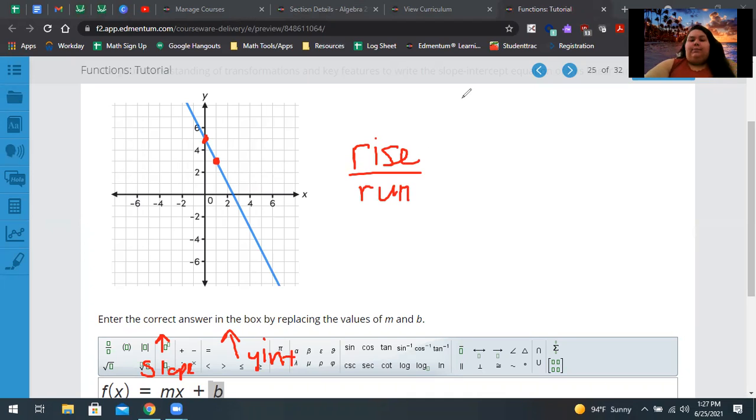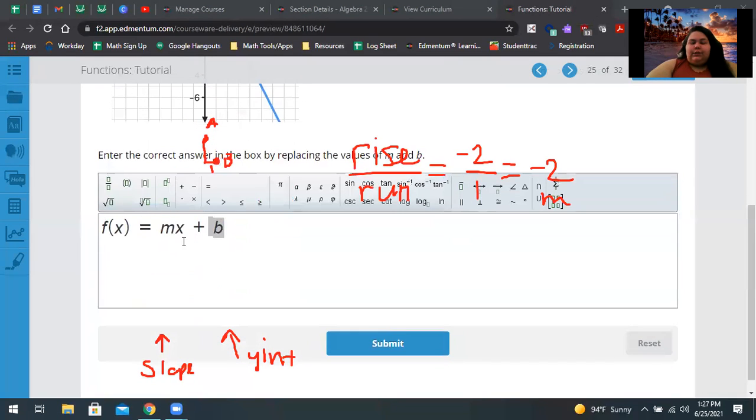Starting from this point, I'm going to say this is A to B. For me to get to A, I'm not going up, I'm going down 1, 2. So to represent going down 2, I'm going to put -2 over what's the run? Run to the right, that's 1. We simplify that, -2 over 1 is -2. So that is your M right there. Go ahead and make sure you enter those values for M and B.